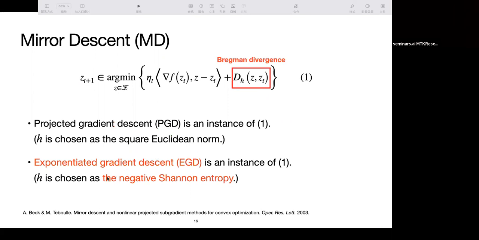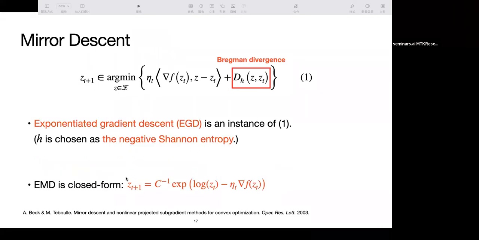And when h is chosen as the negative Shannon entropy, it is called the exponentiated gradient descent. And the iteration rule of exponentiated gradient descent has a closed form. The capital C here is a positive number chosen for the normalization of the iterate.